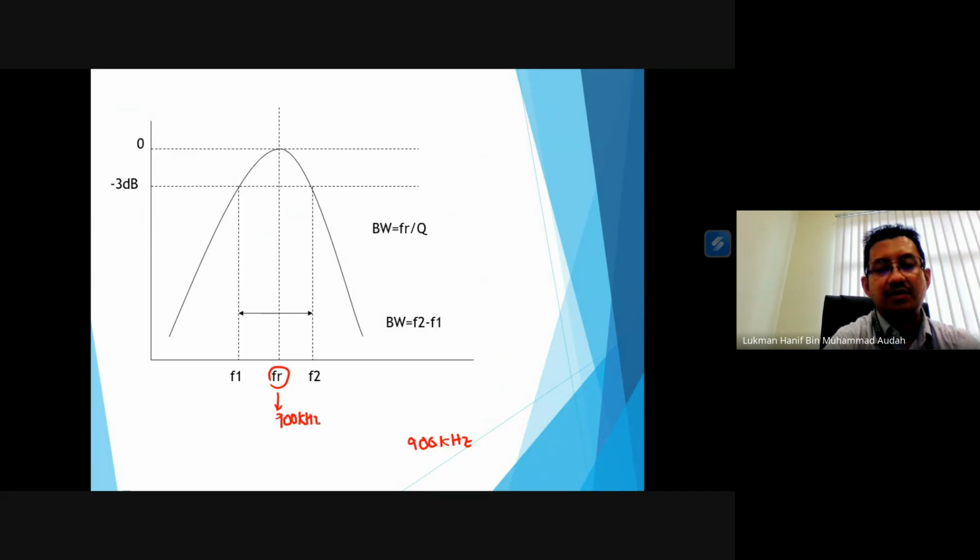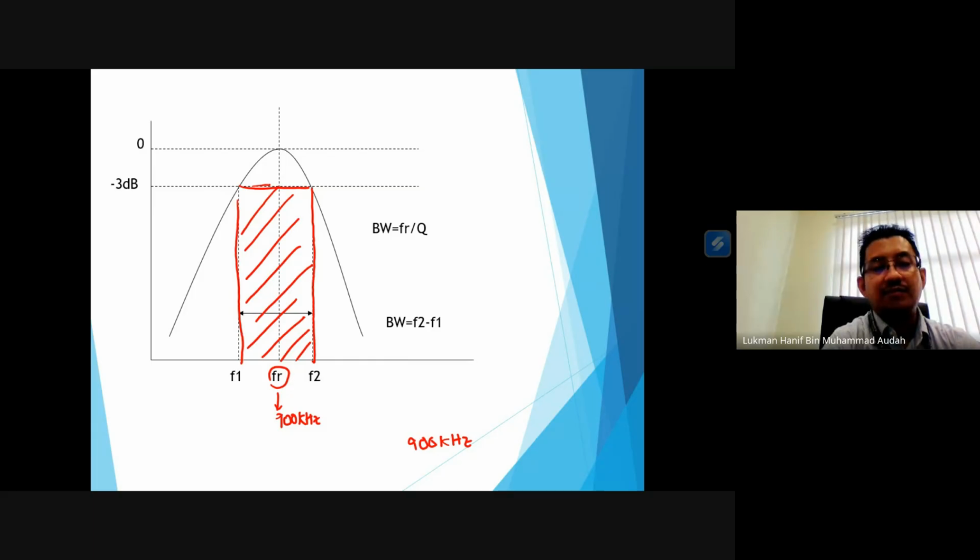Ideally, I want a filter with a sharp cut-off like this, giving a bandwidth like this.